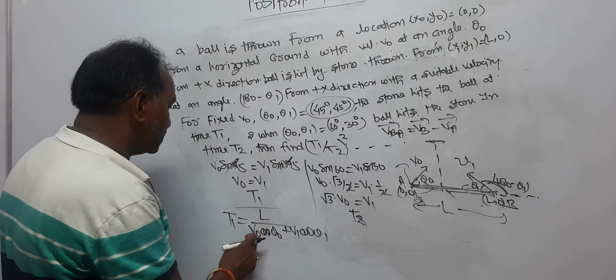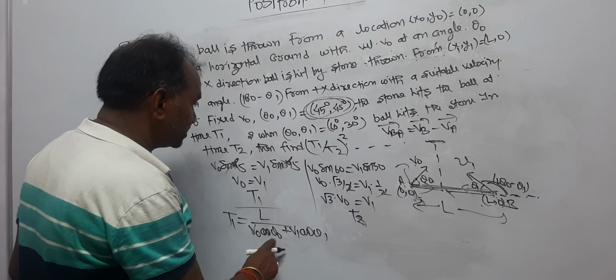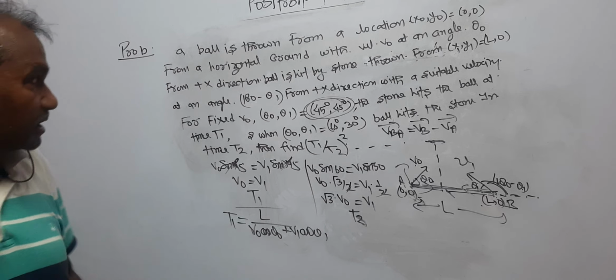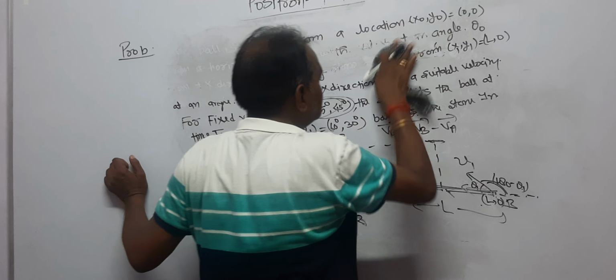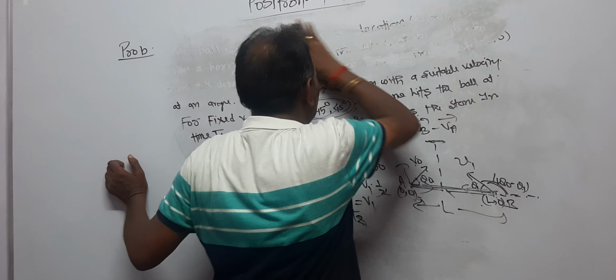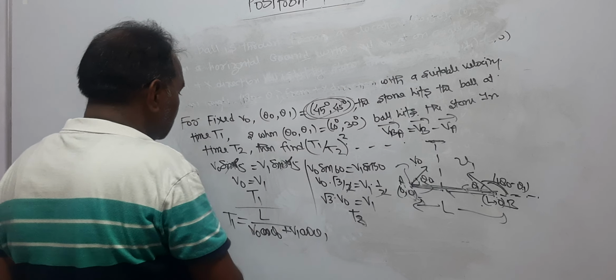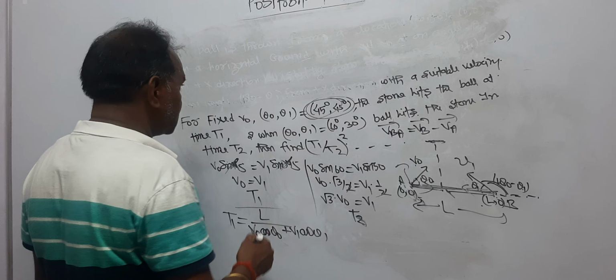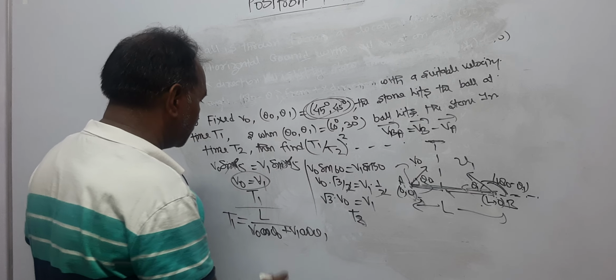Now V naught in the case of 45, what is theta naught? I am erasing this one here so I will get the space, just a matter of a little time. Now dear student, in the case of 45, we have found V naught is equal to V1, right?